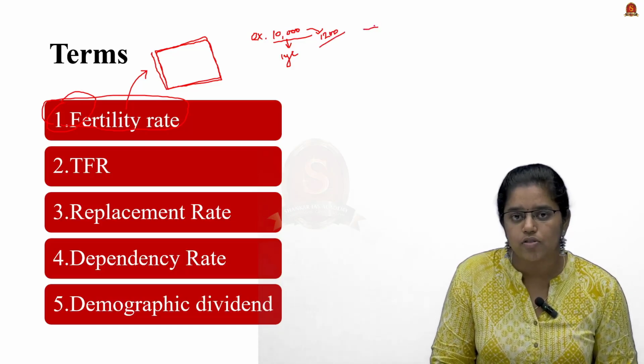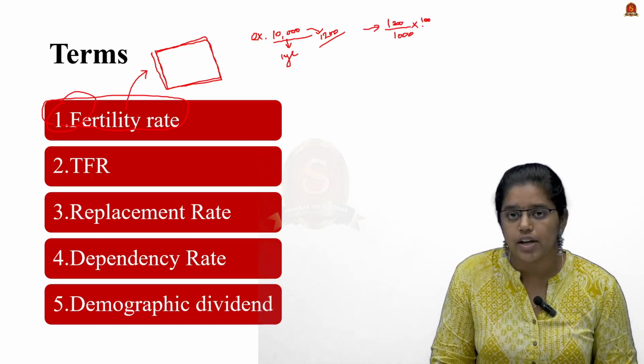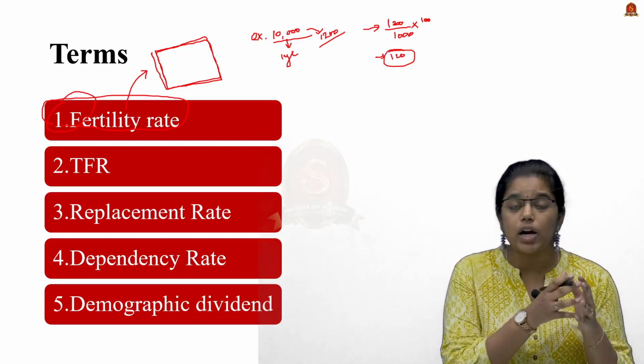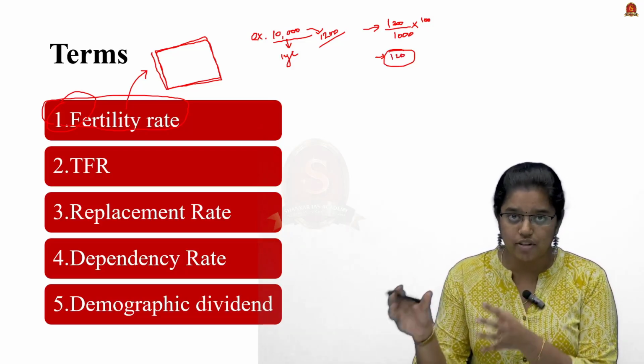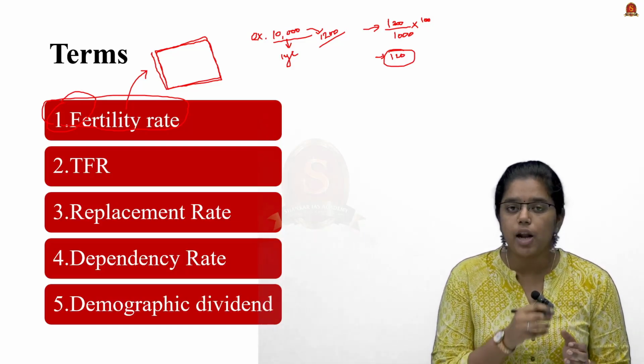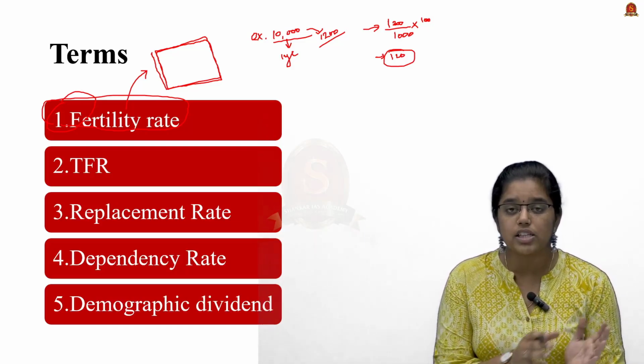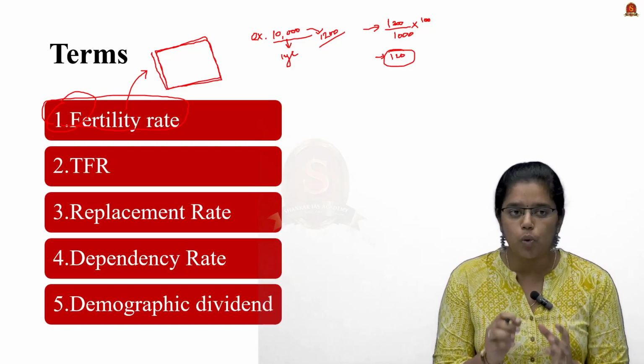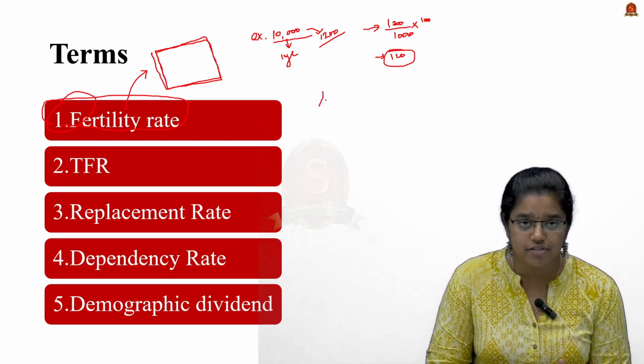So the fertility rate would be 1,200 by 10,000 into 100, so the answer would be 120. So there will be 120 babies per 1,000 women in a particular year. Fertility rate is nothing but the number of children born to a woman in a specific period, usually 1 year. This is the fertility rate mentioned by the author in this editorial.